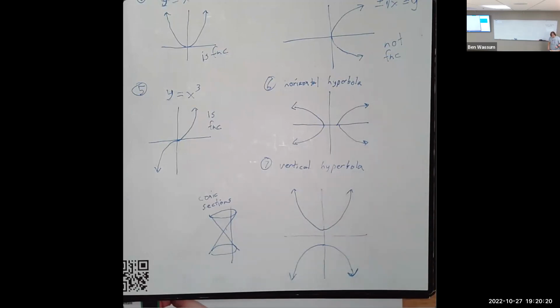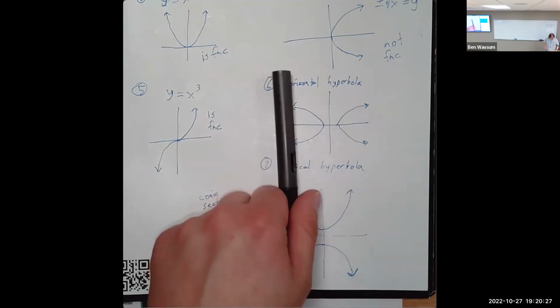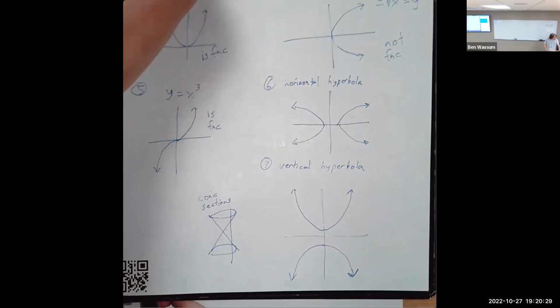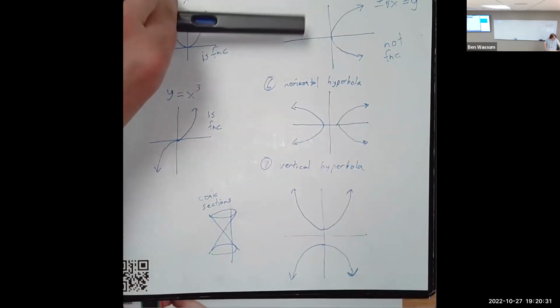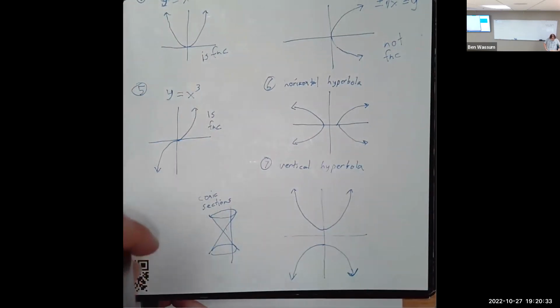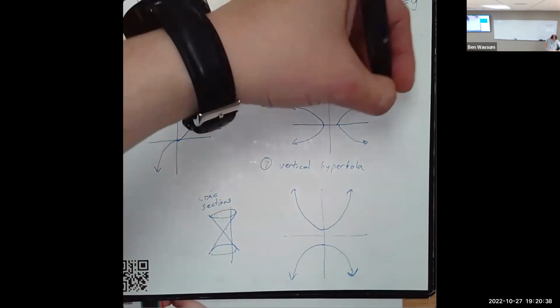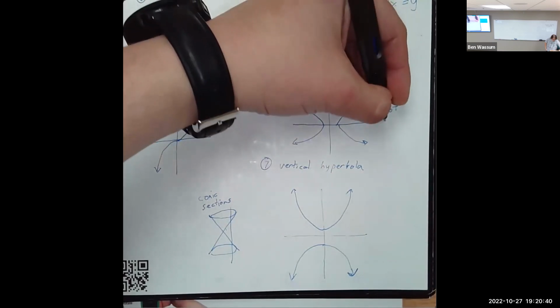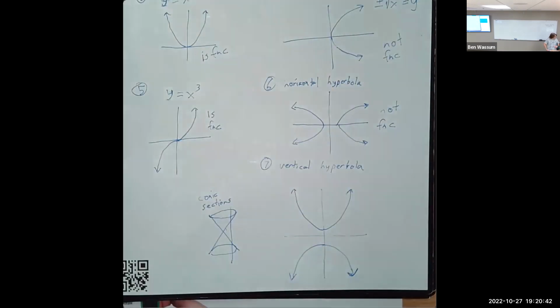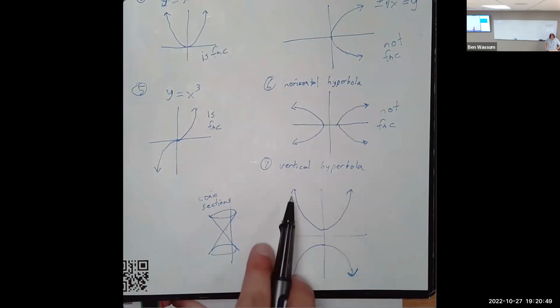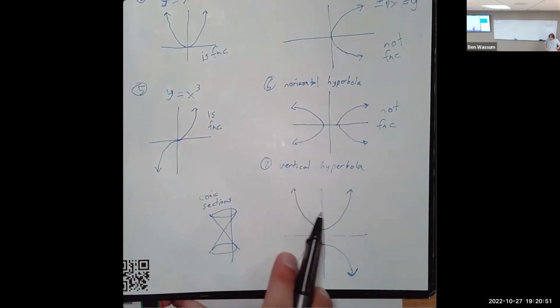So horizontal hyperbola, number 6, is that a function? Oh, hell no, right? Because again, it's kind of like having the y squared on this last one, happening almost twice. What about the vertical hyperbola? Is that a function? That might be confusing to conceptualize, but you have to think of this as being one graph.